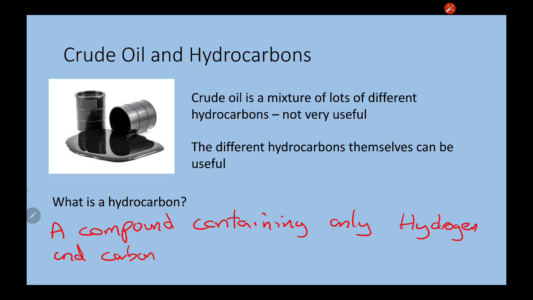It's important that we say only the elements hydrogen and carbon. If you don't say only, then that indicates that yes, it contains hydrogen and carbon, but it may contain other things. A hydrocarbon cannot contain anything else other than hydrogen and carbon. Okay, brilliant. I hope you got that.